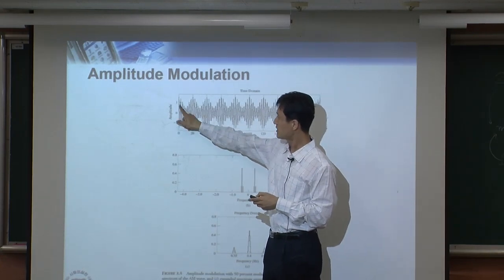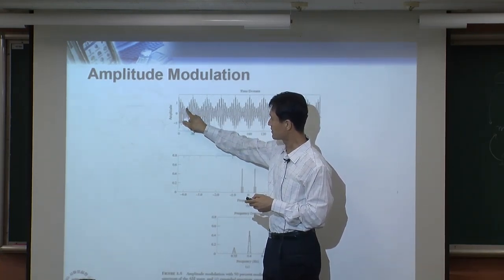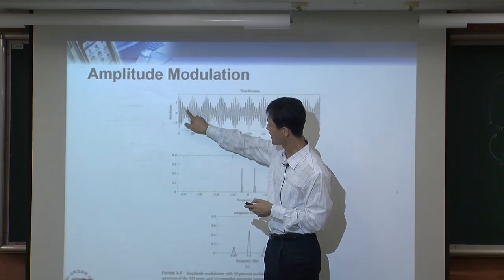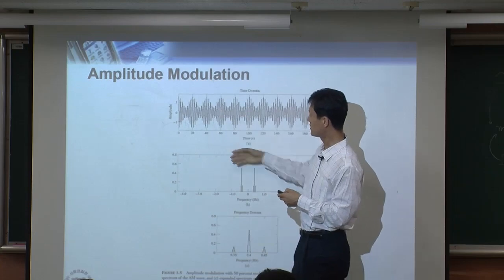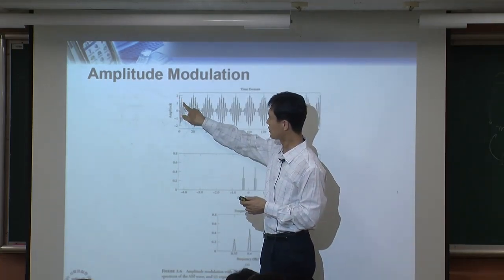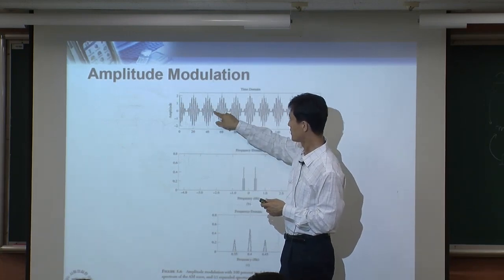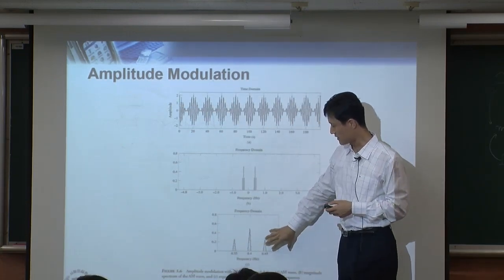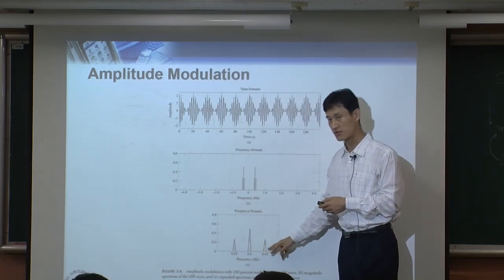So in that case, even the lowest one is still positive, right? Maybe positive 0.3 or something, still positive. But in the next picture, in the case of mu equal to 1, now the lowest one hits 0. Okay? And you see that the energy in the carrier is reduced and the message is a little bit increased.